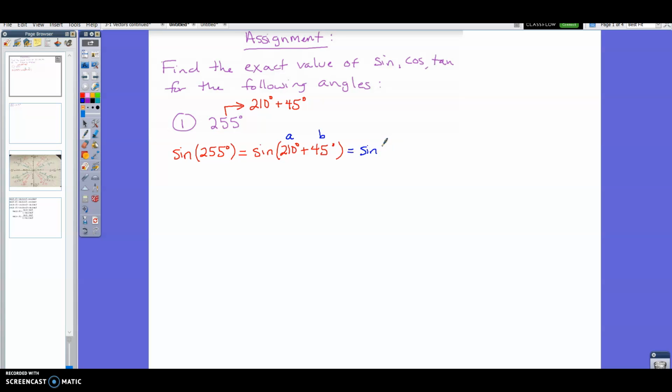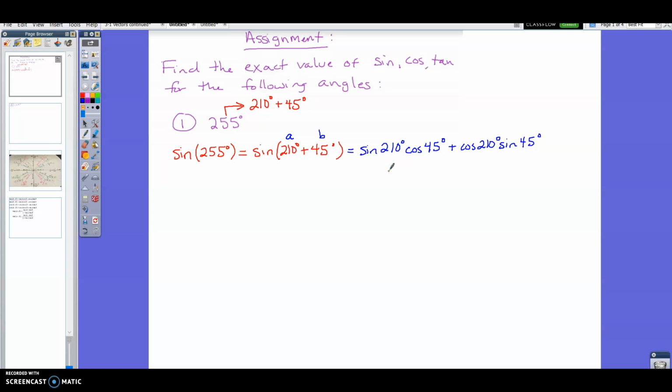So we have the sine of angle A, which is 210 degrees, times the cosine of angle B, which is 45 degrees, plus the cosine of angle A, which is 210 degrees, times the sine of B, which is 45 degrees.